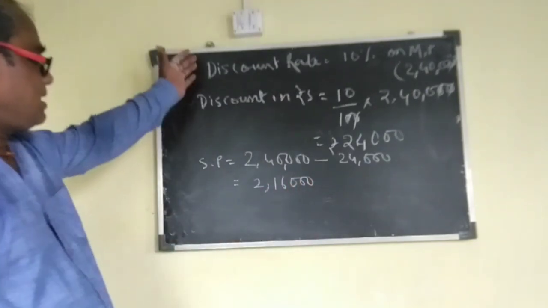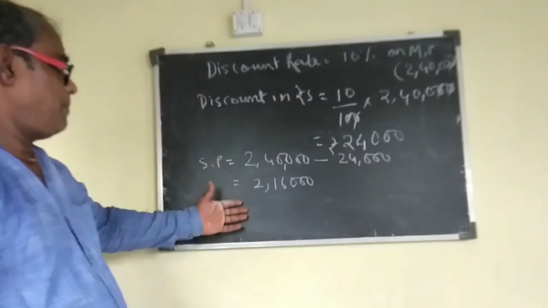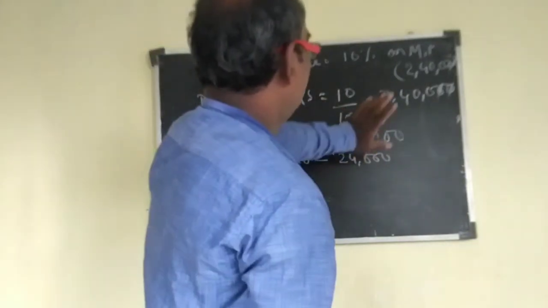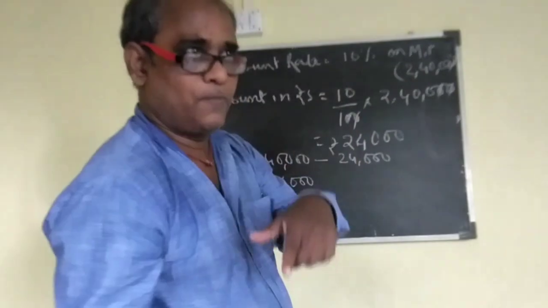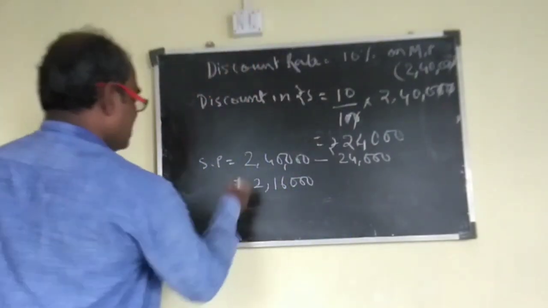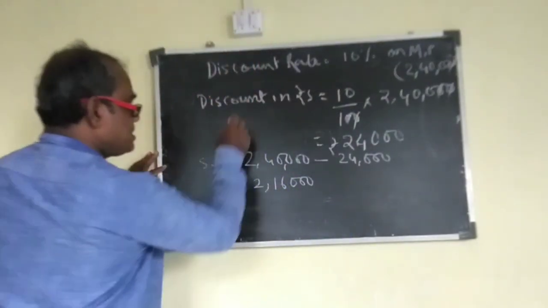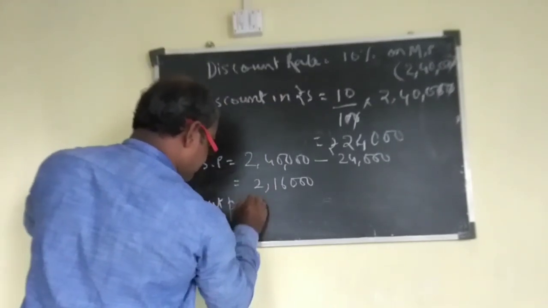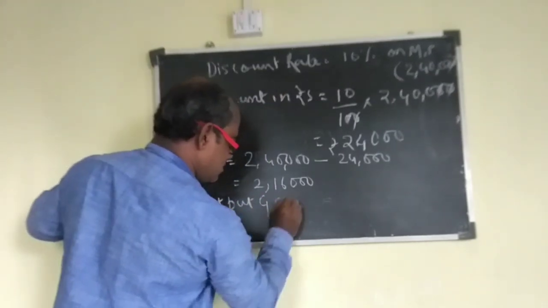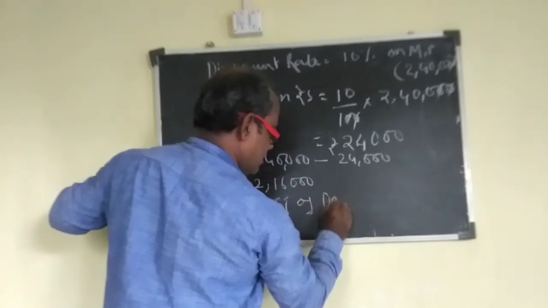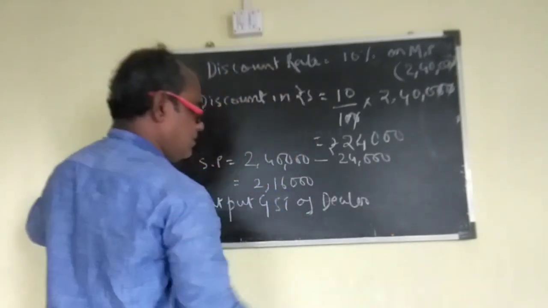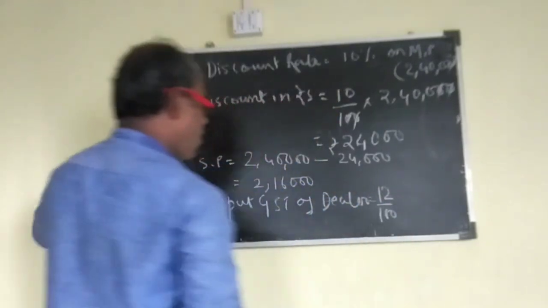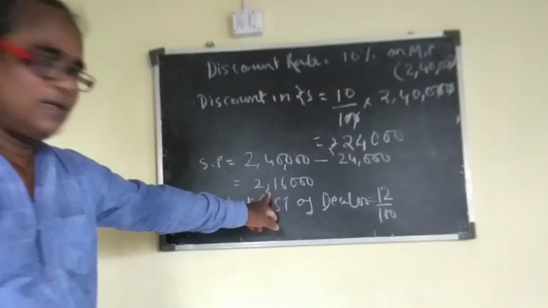But now the GST paid by the consumer will be of the rate of GST was 12%, isn't it? So the output GST of dealer will be equals to 12% on rupees 2,16,000.